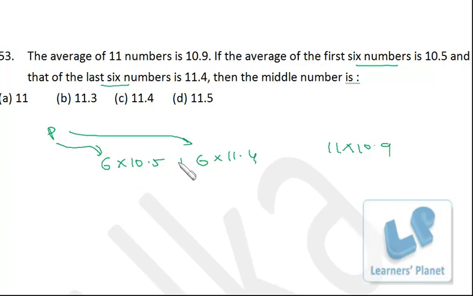Now if we add both of them and deduct this, we'll be able to get the middle number, because it is a total of the first 6 numbers in which P is added, a total of the last 6 numbers in which P is added, and a total of all 11 numbers, in which P is added as well. So 2 times P is added, so if we deduct the total once, we'll get the value of P, right? So precisely you have to make this calculation.